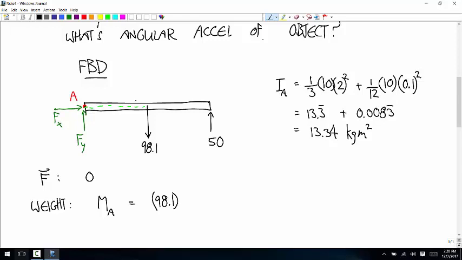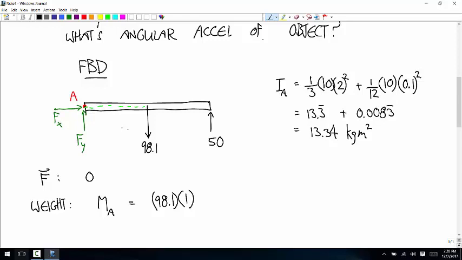What's that distance of that green dotted line? Yep. And then we have to think about the direction. If you applied this force and it was the only force applied, would it make it rotate clockwise or counterclockwise? It would make it clockwise, yep.